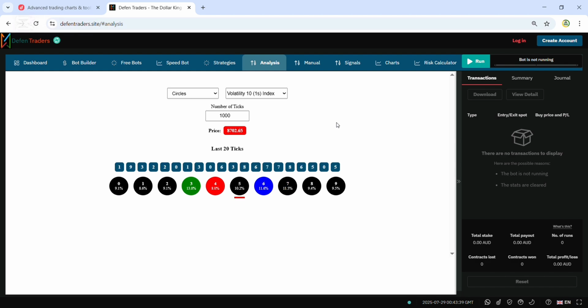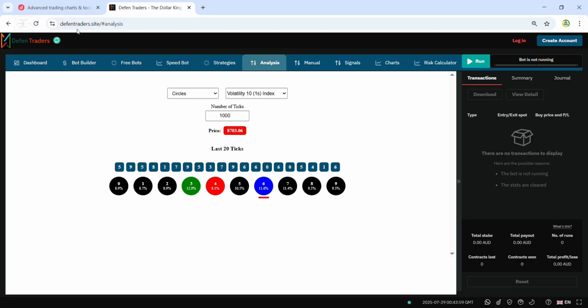So if digit 7 appears, or digit 5 appears, you'll be making losses all along. So it's always good to be sure of the strategy, the plan that you apply, for you to have digit 6 become your winning digit.